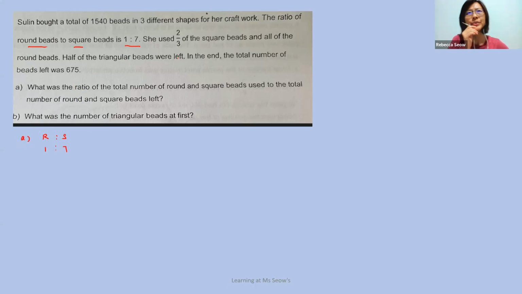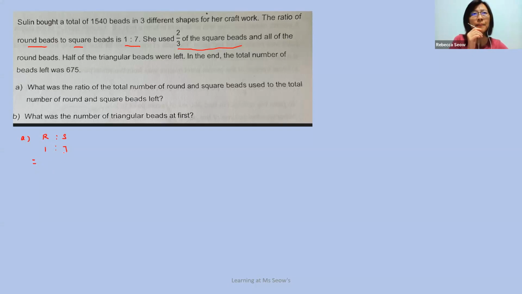Now, out of this, she used 2/3 of the square beads and all of the round beads. Okay, the fact that she uses 2/3 of the square beads means that I need to split this one unit into 3 smaller parts, which makes it very difficult. We have to deal with 1/3 of a unit. So it would be better for us to consider another ratio, an equivalent ratio to 1:7, such that this number under square beads can be divided by 3 nicely.